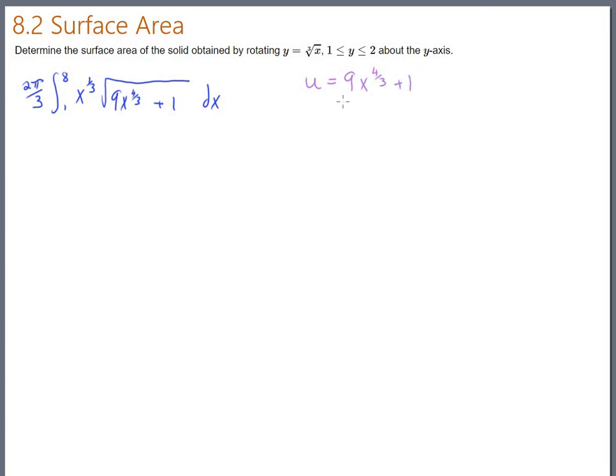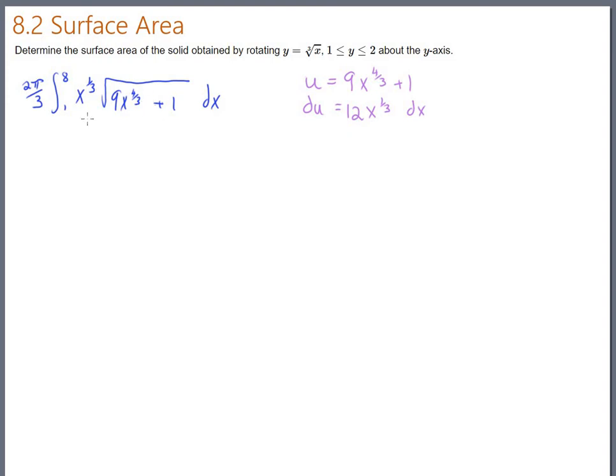So we'll say, suppose u is this stuff inside the square root. That means du would be, let's see, the 4/3 comes down. 9 times 4/3 would be 12, x to the 1/3 dx.